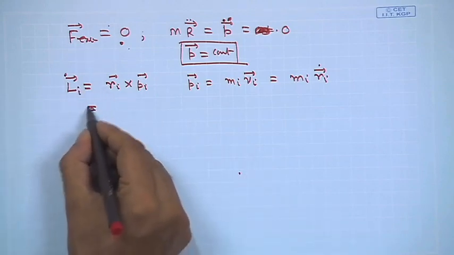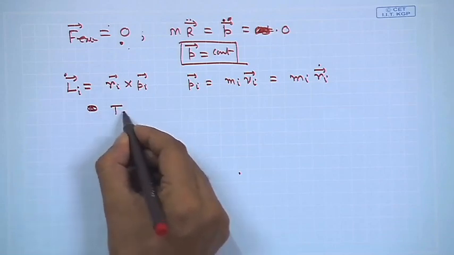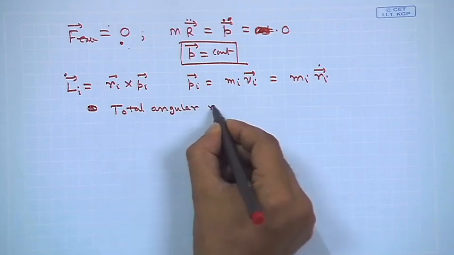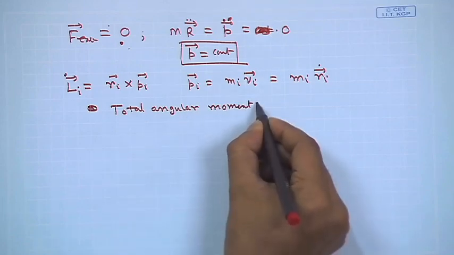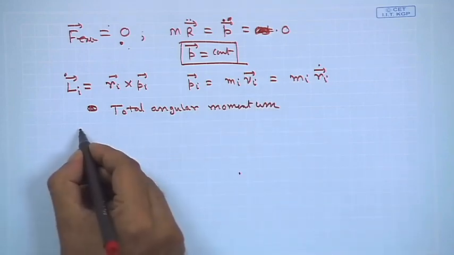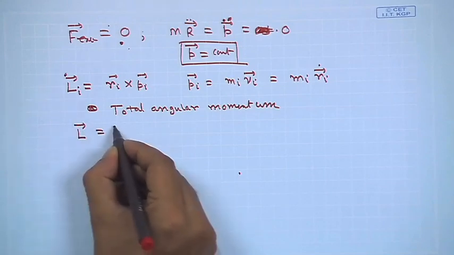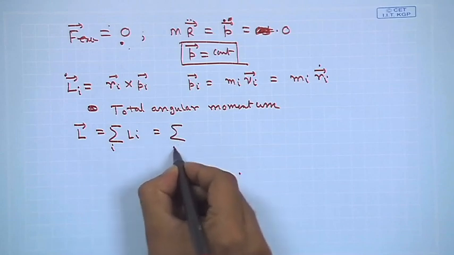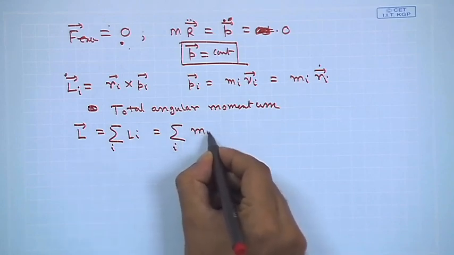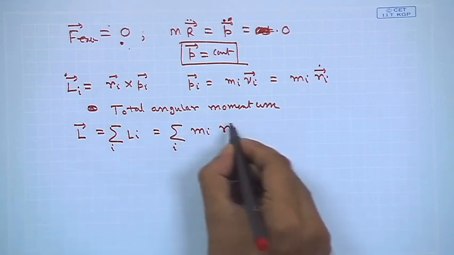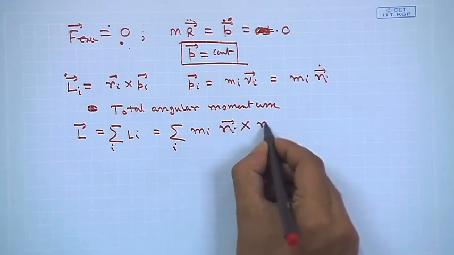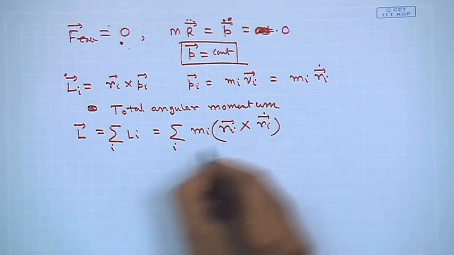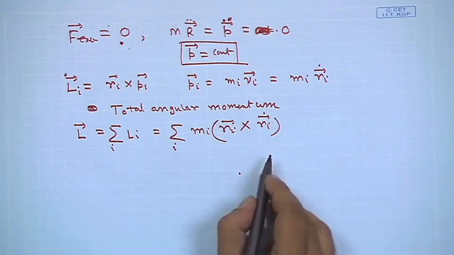Now, if I try to define the total angular momentum for a system of particles, it will be simply L equal to sum over i of m_i r_i cross r_i dot. So, this is the definition.